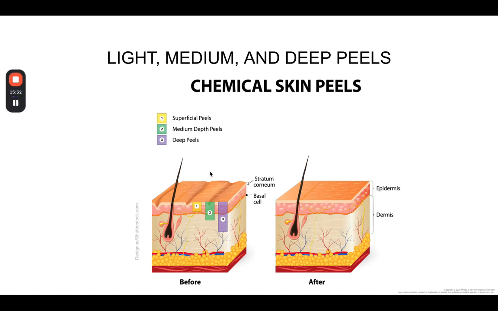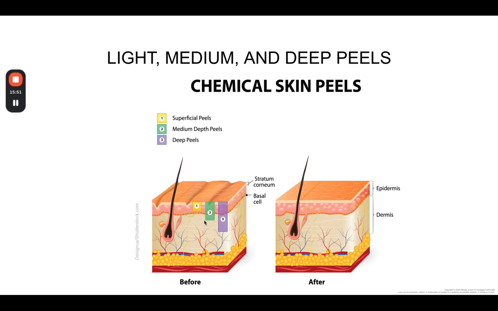And just to recap, as you can see, our superficial peels, which are within the scope of an esthetician, should not go past the epidermis. All right, should not go past that basal cell layer.